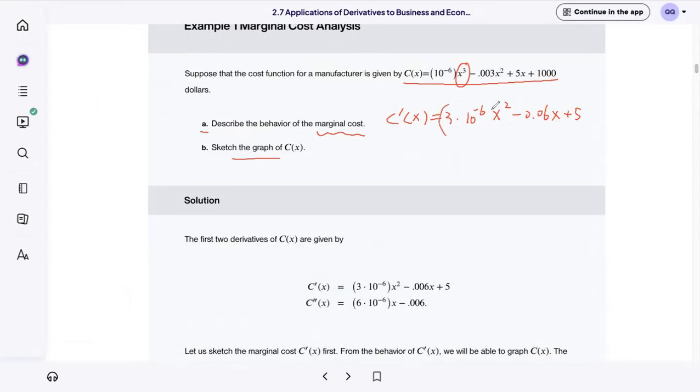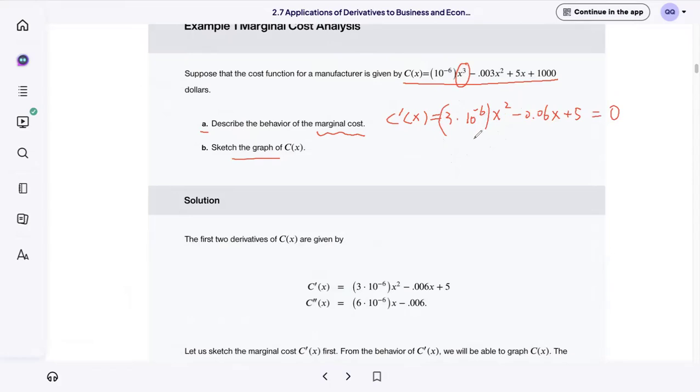Okay, so this is just a very small number, right? But even if it's a very small number, it's positive. Then maybe we can solve this. It's going to be a little bit difficult to solve because it's 10 raised to -6.